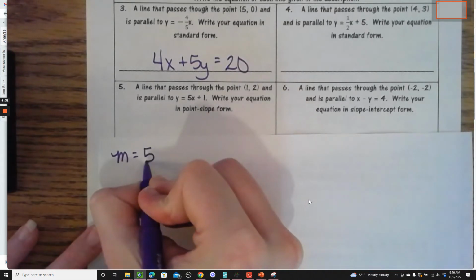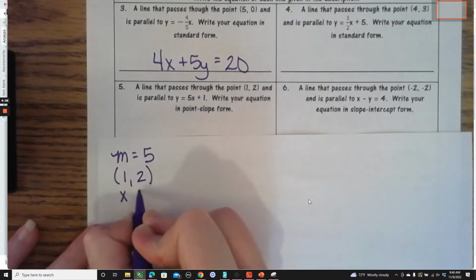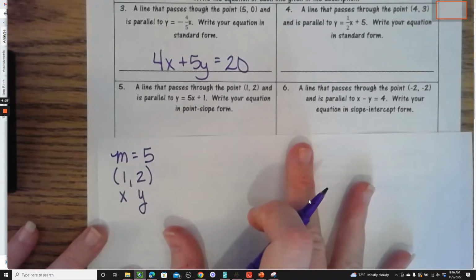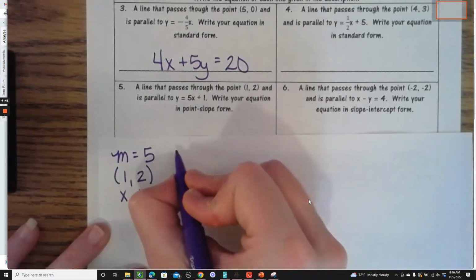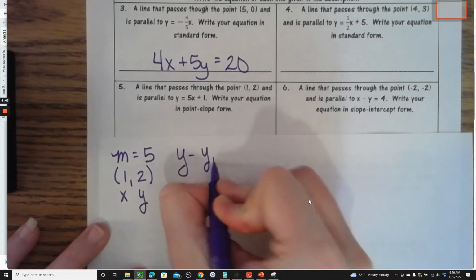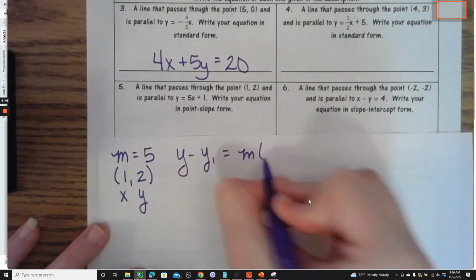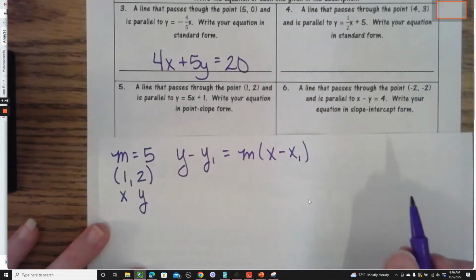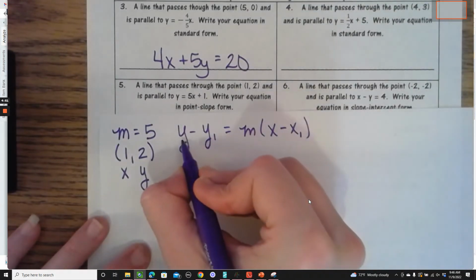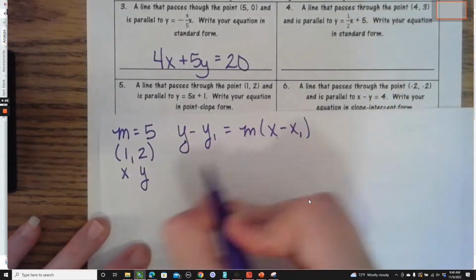And then they gave me 1, 2. So this is my x, this is my y. If it wants it in point slope form, that's easy. Y minus y1 equals the slope times x minus x1. So I keep the y and I keep the x.